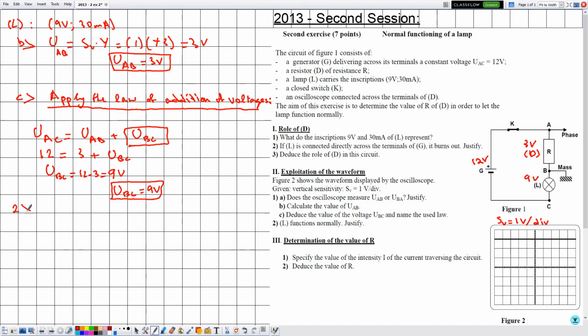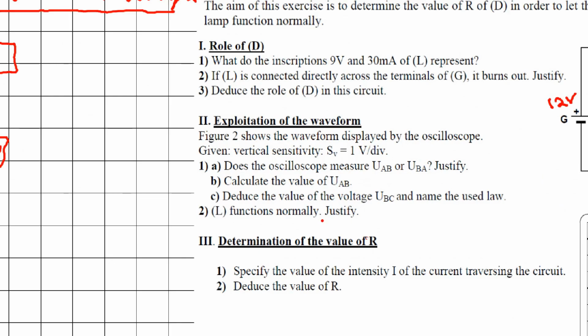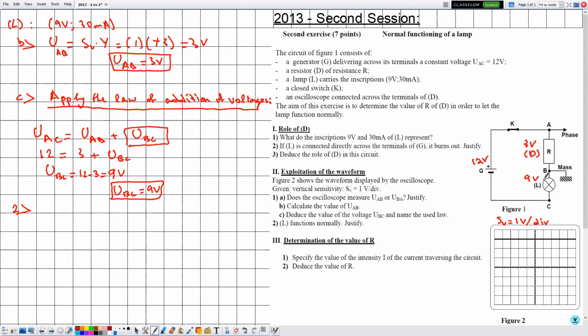Now, in number 2, they are telling me to justify that L functions normally. Notice that now in this case, the applied voltage, because of the presence of the resistor, is given by 9 volts. And the lamp L has a rated voltage of 9 volts.